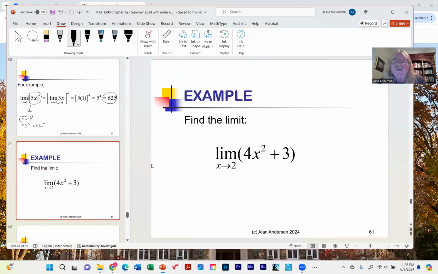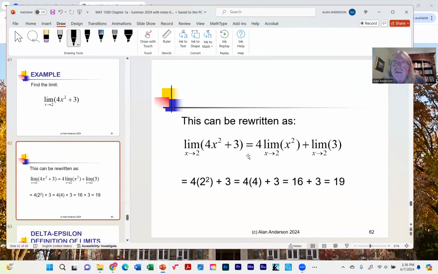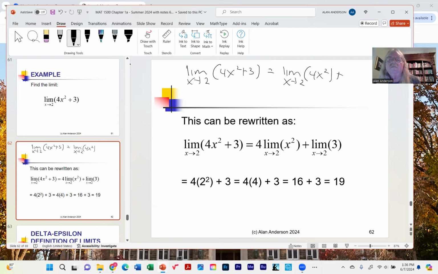Now what about this one? Well, here we may end up needing multiple rules to solve for this one. For sure, we can use the sum rule, which we want to do. In other words, at the very least, let's do this.